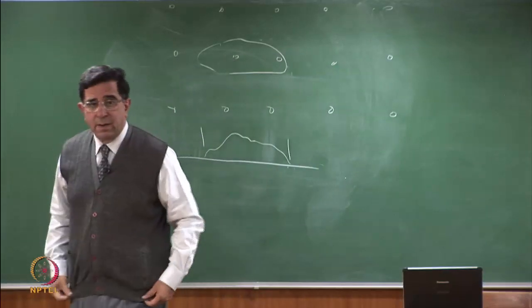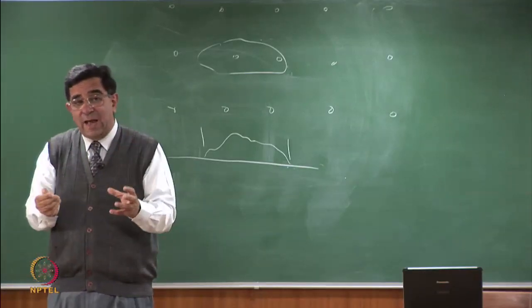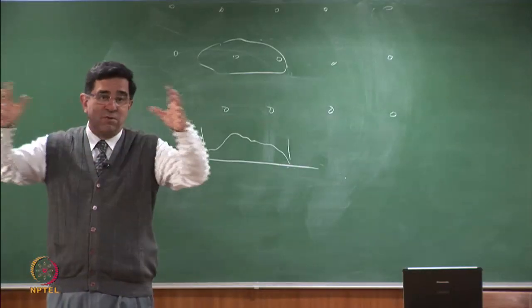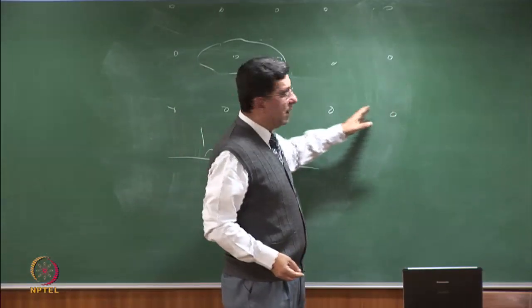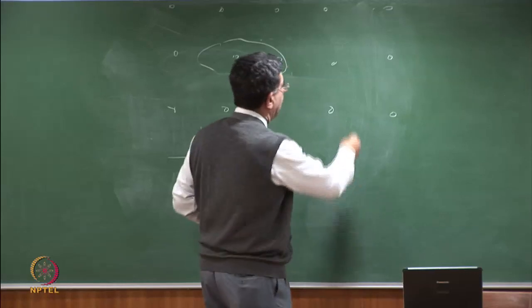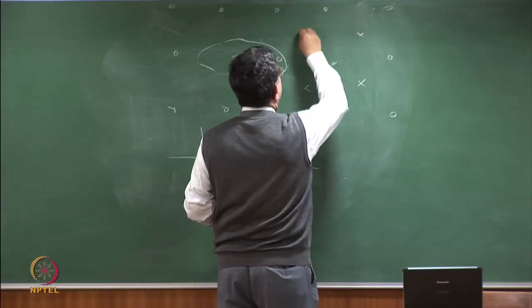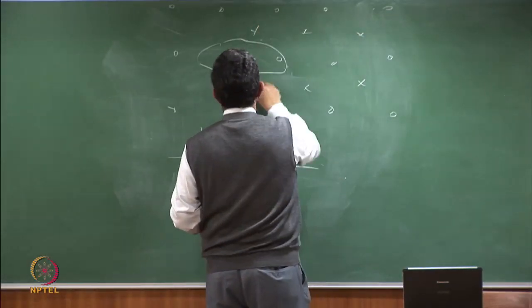Agreed? And if I want to fine tune it, first I'll do the boundary. I know that it is not reached here. I know I'm getting a reading here, so then I'll do the finer grid.